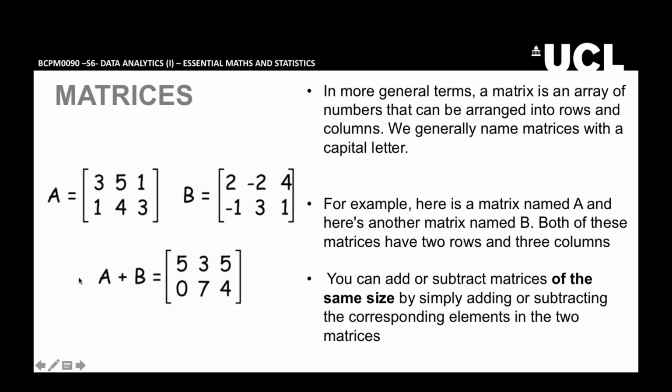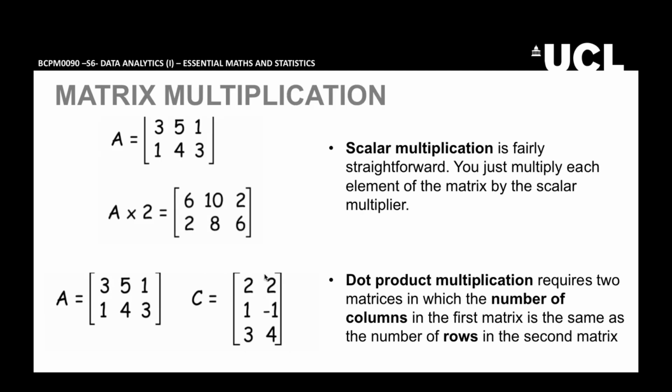It's very easy to add or subtract matrices of the same size, simply by adding or subtracting the corresponding elements in the two matrices. Here we have A plus B, and clearly we are just adding 3 plus 2, 5 plus minus 2, 1 plus 4, etc.